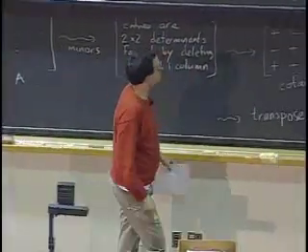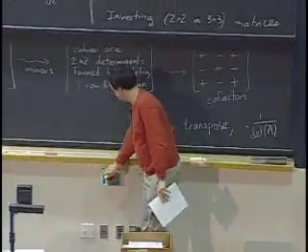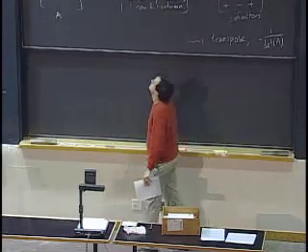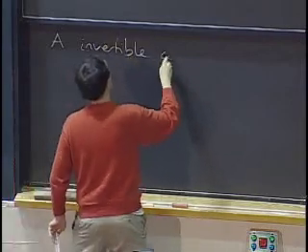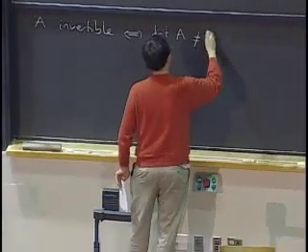So in fact, we've seen that, oh, there's still one board left. We've seen that a matrix is invertible exactly when its determinant is not 0.